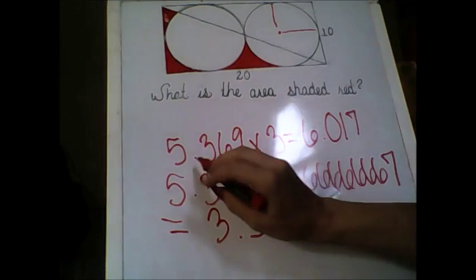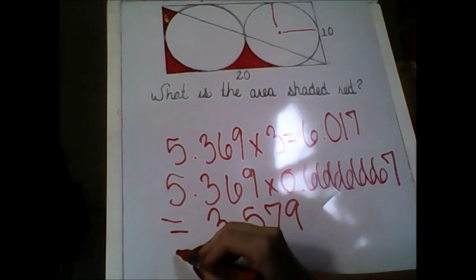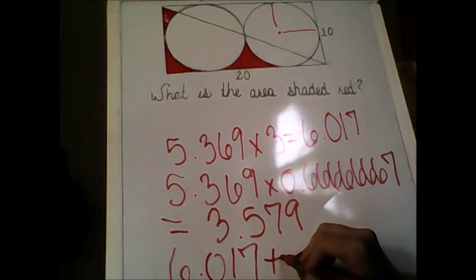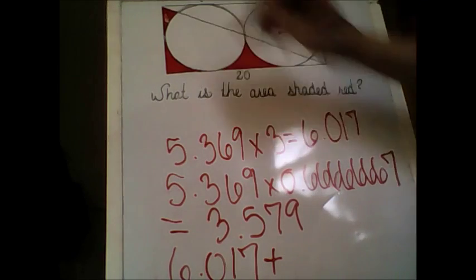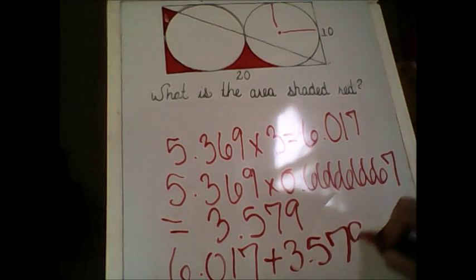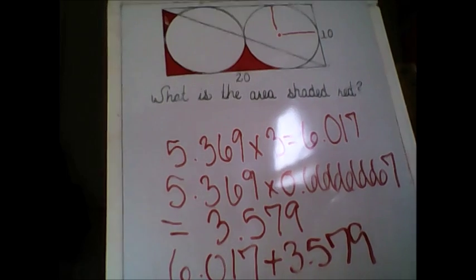Okay, so we know that we have 3 total corners, which is the 16.017, and we have a partial corner that is 3.579. All right, let me erase my board and I will show you the answer.